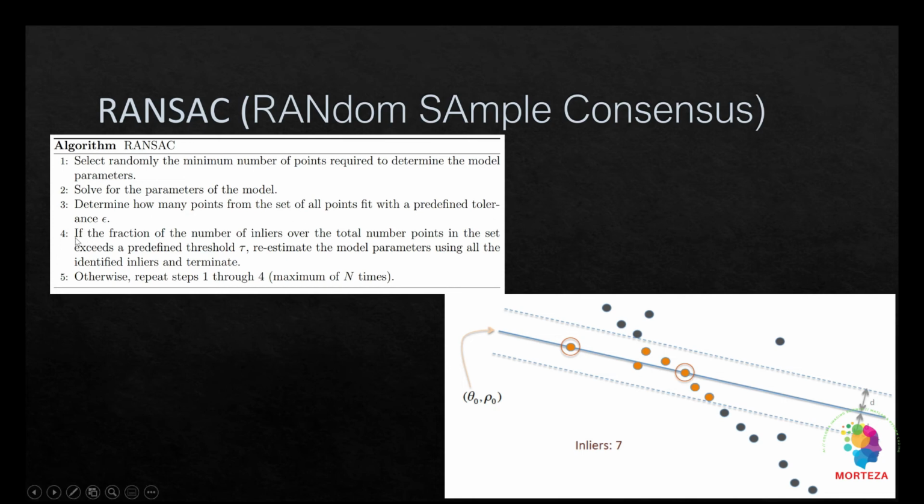If the fraction of the number of inliers, which is from step 3, over the total number of points in the set exceeds the predefined threshold tau, re-estimate the model parameters using all the identified inliers and terminate.